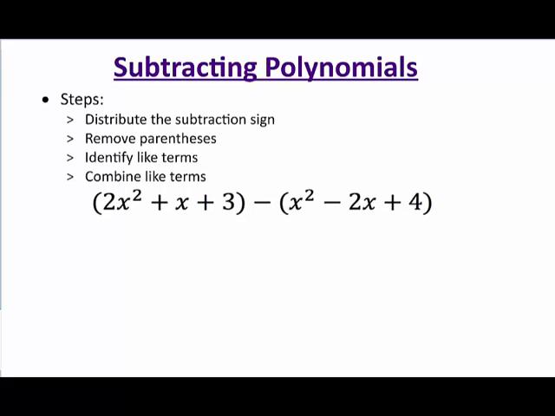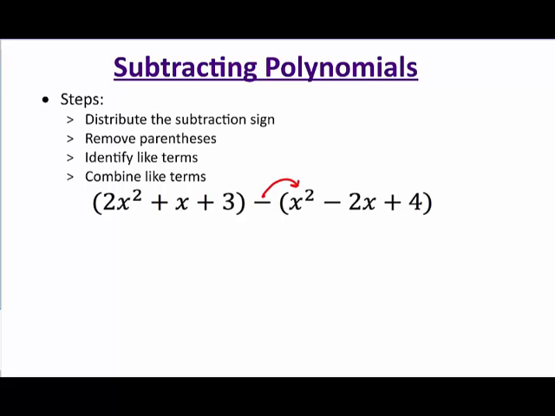Now let's talk about subtracting polynomials. My steps are very similar to adding, but the first thing that I have to do is distribute the subtraction sign. So before I rewrite my expression without parentheses, I need to distribute this negative sign right here.